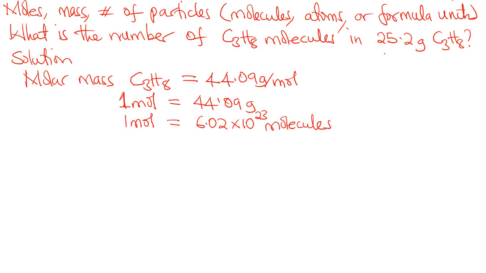As usual, we start with the given quantity, 25.2 grams. So I'm going to start here, 25.2 grams times, I need to take care of the grams, so there's grams here, I will put grams down here.